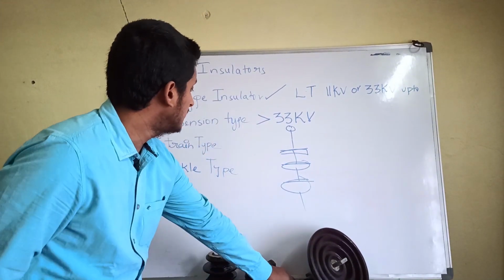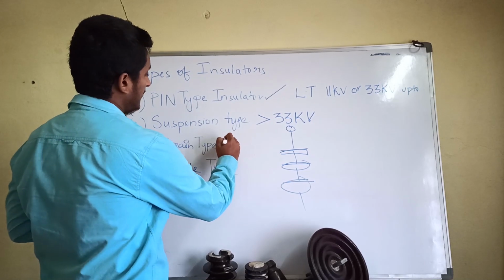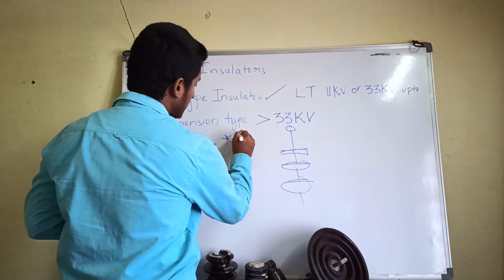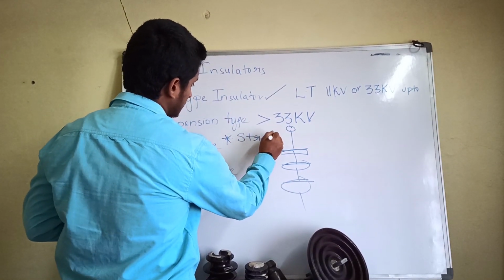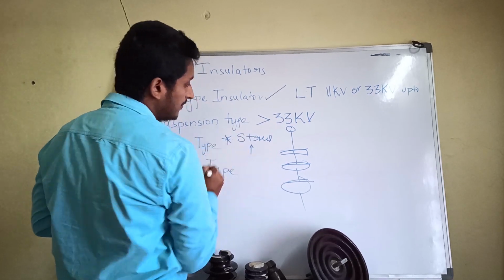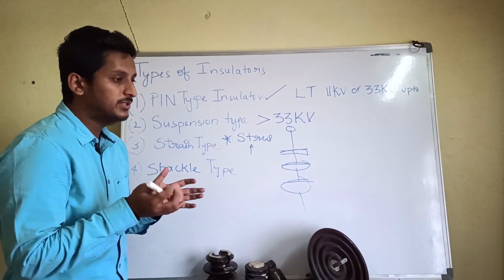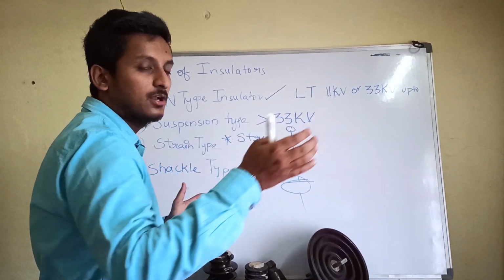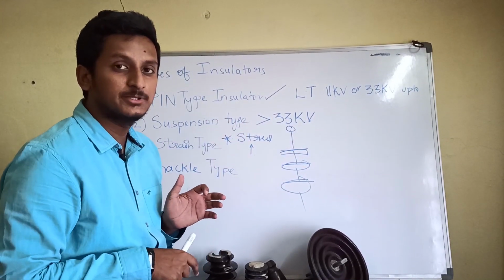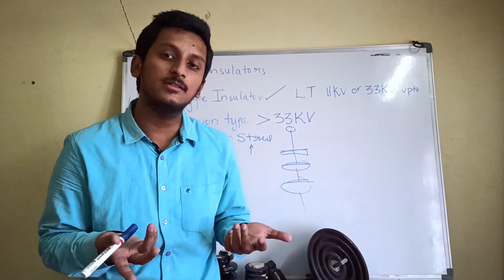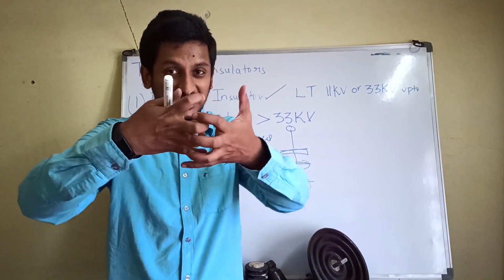But the main advantage of using this strain type of insulator is that wherever the stress is more, this kind of insulator is used. Suppose now there is a turning in the transmission line. That means definitely at the turnings, what happens? Stress is more.